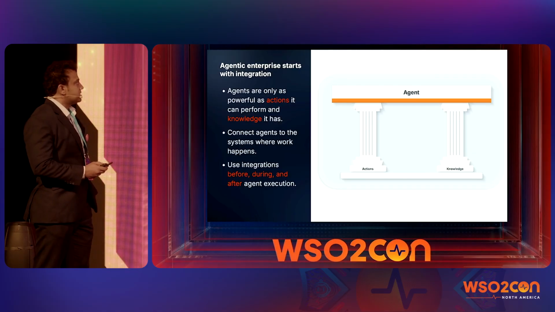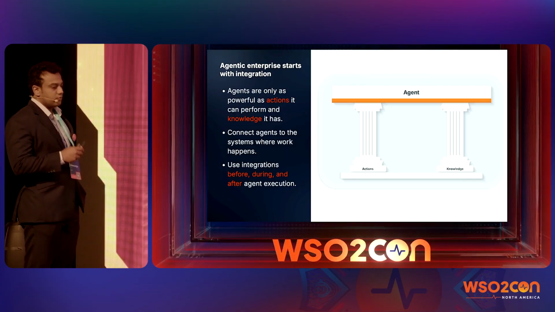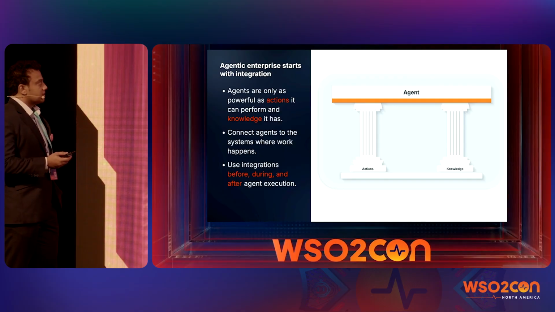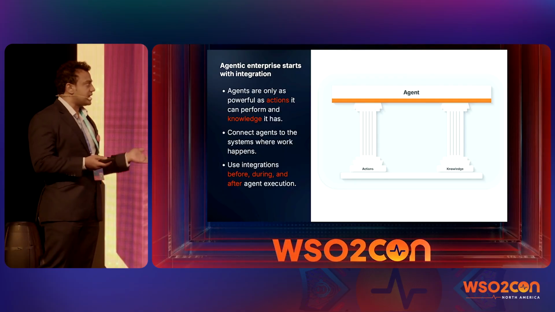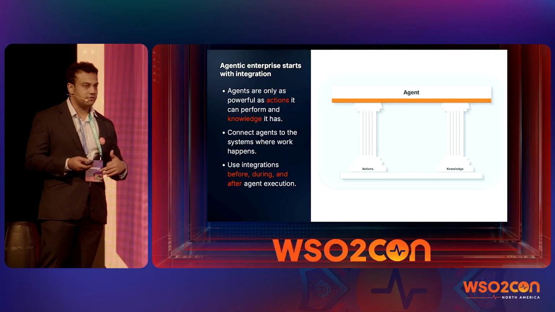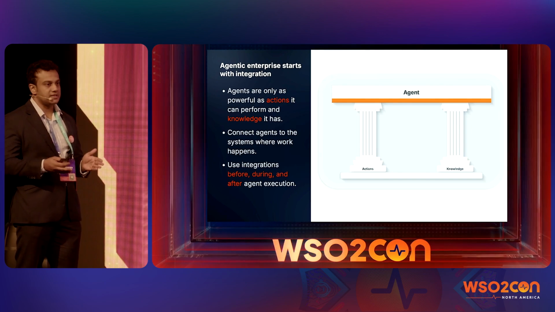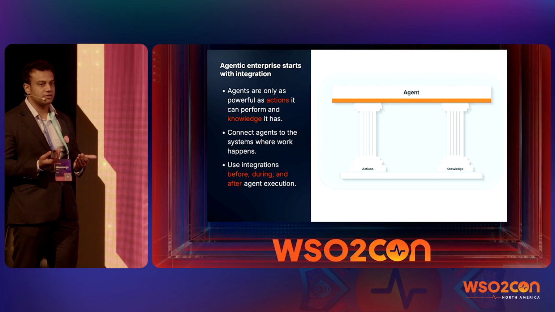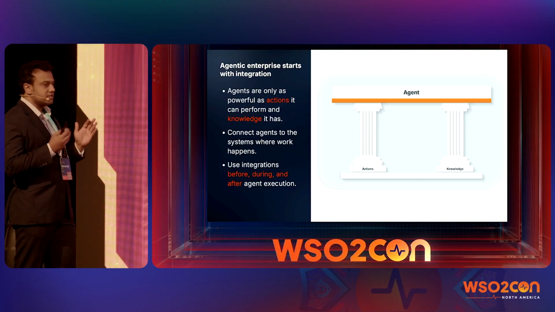Now, let's talk about why traditional integrations matter. There are two ways you give agents power: through actions and through knowledge, right? I'm going to talk about how these two pillars are made out of the traditional integrations we all know, and maybe knowledge is a little bit new, but these still matter.